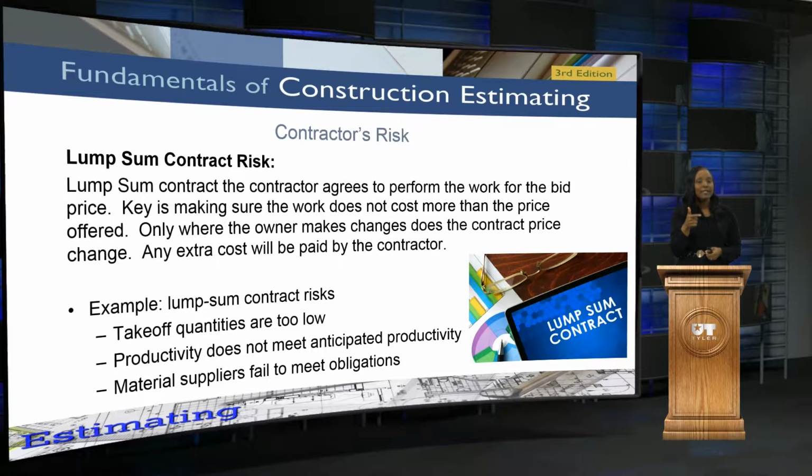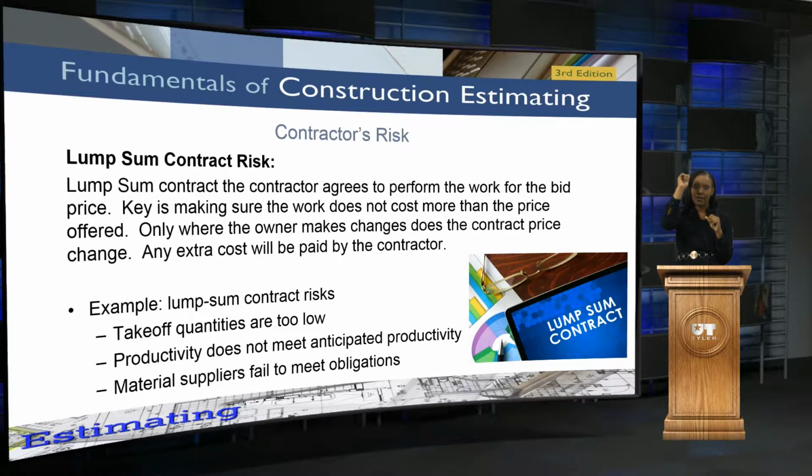The other thing is productivity does not meet anticipated productivity. Maybe you thought it was going to go this way and that planned cost, but then once you really start building, you find out that you have a lot of other problems, and that's going to make your productivity go down. And along with productivity, that's going to affect quality because of the fact that it's affecting the schedule. And if you remember, the responsibilities in construction is that triangle, right?